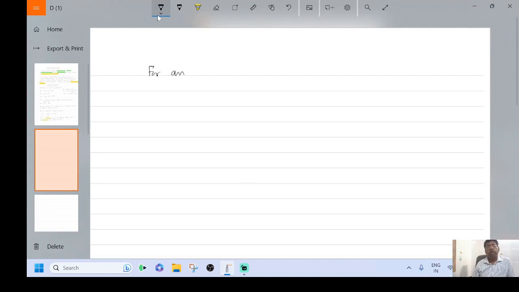For an adiabatic isochoric process, dU equal to 0. We know that dU equal to del Q minus PdV.